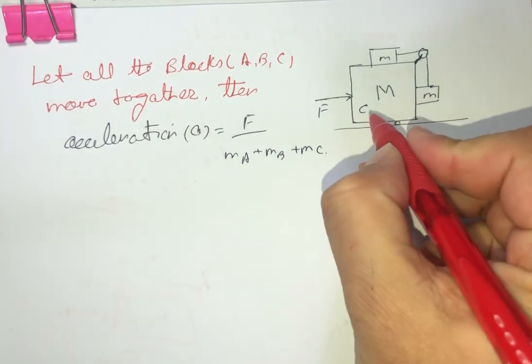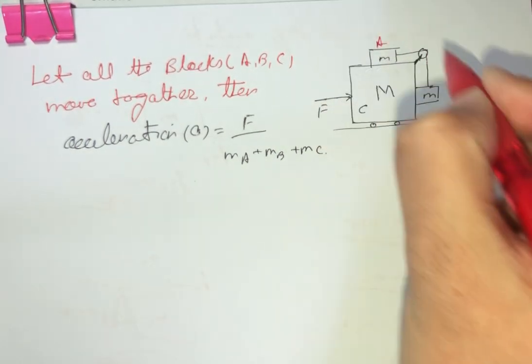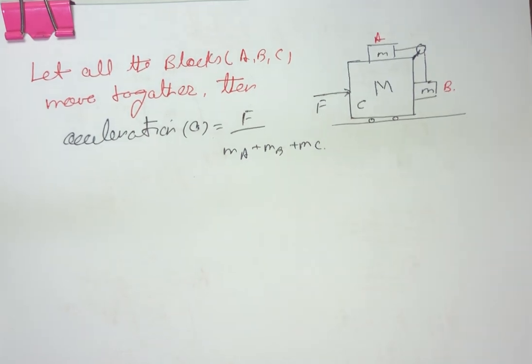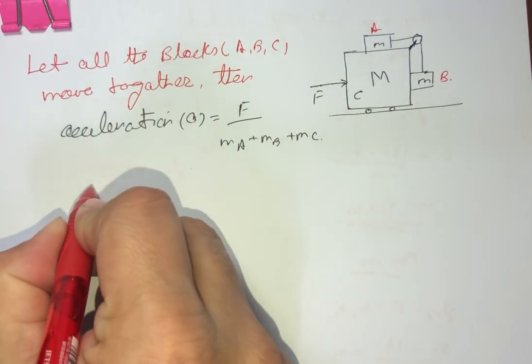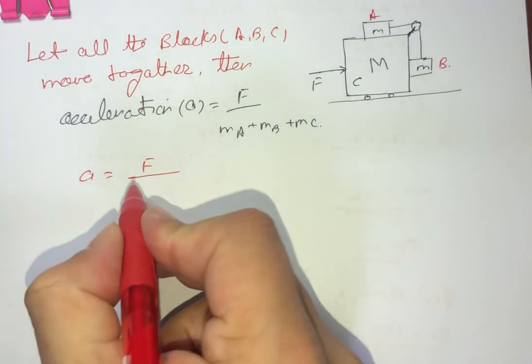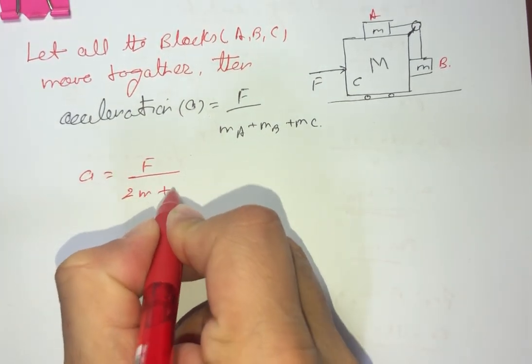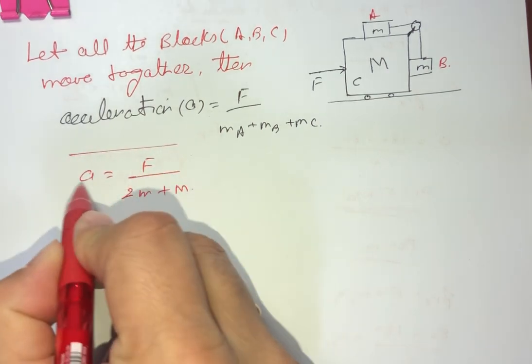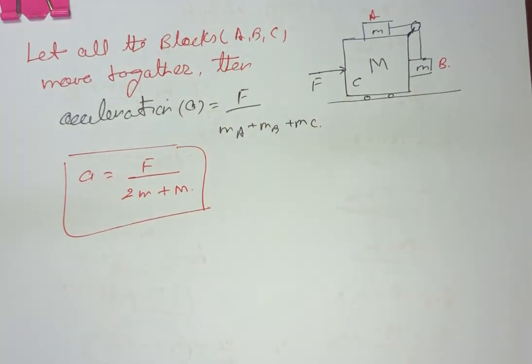Okay, so this is C and this is A and this is B. So we can say that acceleration is equal to F upon 2m plus capital M.